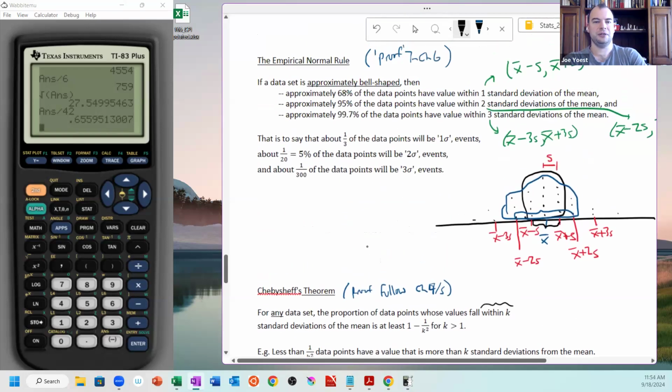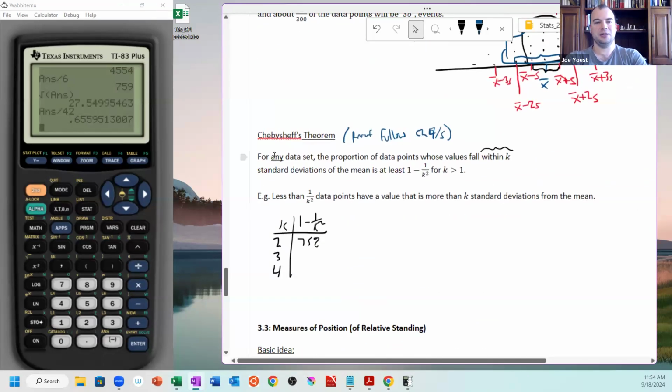So you see, if we have the constraint of a bell-shaped distribution, we actually get 95% of the data points being within two standard deviations of the mean. If we loosen that restriction and say we don't know anything about the data set, we can only guarantee that 75% of the data points, not 95%, are within two standard deviations of the mean.